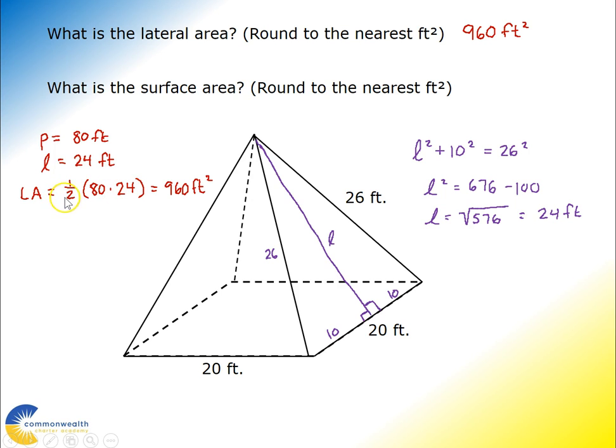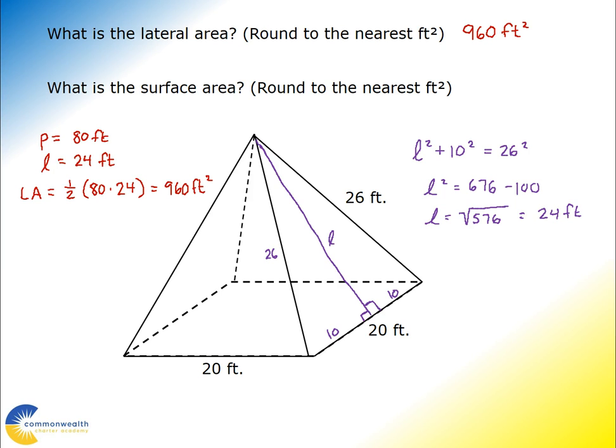You notice I'm getting this 1/2 times a base, which is the perimeter of the base, times a height, which is a slant height, very similar to the triangle formula, which kind of goes back to the first lesson that we did: these pyramids overall have triangular cross sections if I'm perpendicular to the base, so it's going to have certain characteristics of triangles.